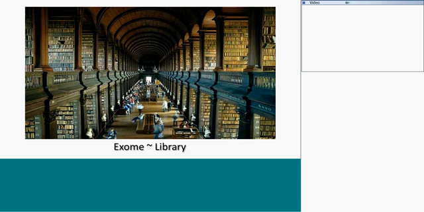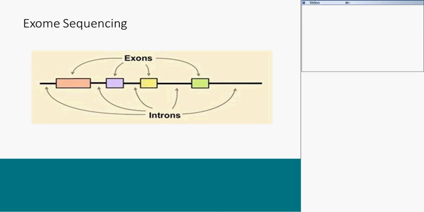So there is a big difference between single gene testing and exome sequencing, and that's the number of genes that we're going to analyze by exome sequencing, which is not doable by doing one single gene testing. You can do it, but you have to sequence every single gene, and you have to do this 20,000 times. With this test, you're looking at all the genes at the same time.